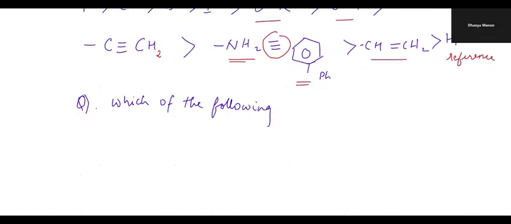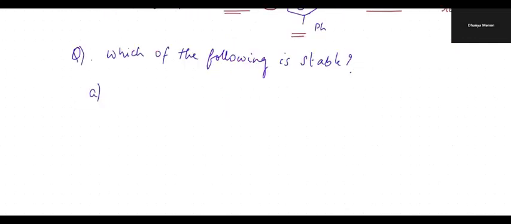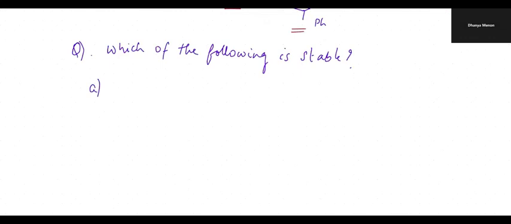The first one, NO2, CH2, COO minus. Remember to keep in mind the order. B is CH2, CH, COO minus.